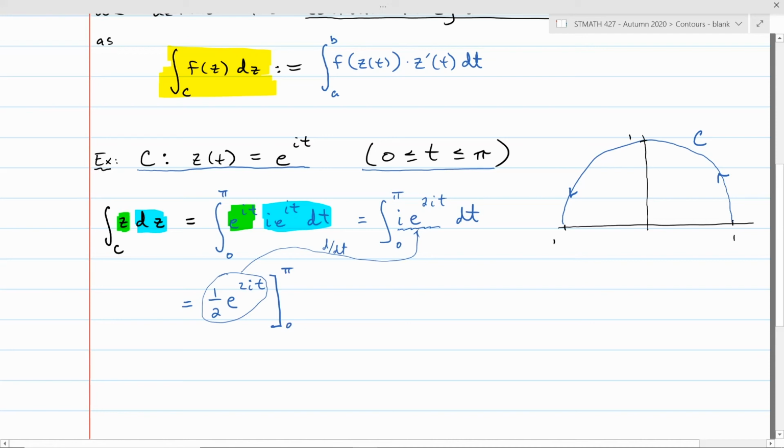Then you just plug in your limits of integration, so we're just doing the fundamental theorem of calculus for these kinds of functions. You get 1/2 e to the 2 pi i, minus 1/2 e to the 0. You probably recognize that this is just 1/2 times 1 minus 1/2 times 1. So we end up with 0.